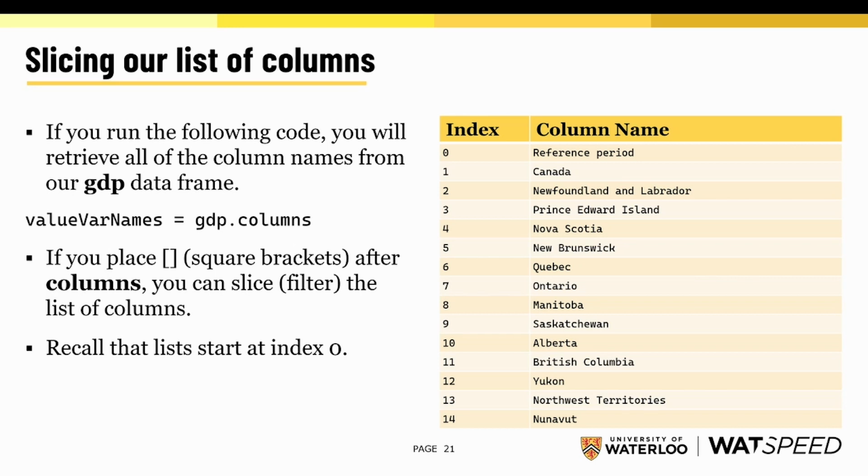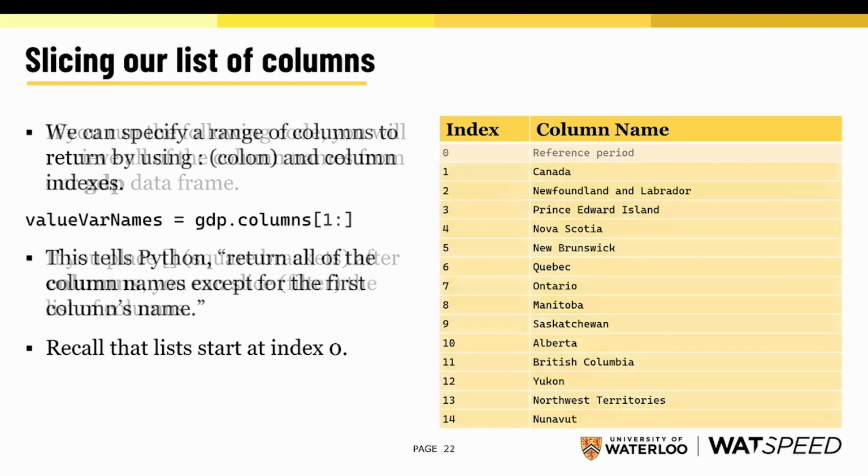So how could we slice this list? Well, we can specify a range of columns to return by using the colon and column indexes. This is similar to what we did with string slicing. For example, if I do gdp.columns, square bracket, 1, colon, and then n square bracket, that says to Python, give me all the column names except for the very first column, the column at index 0.